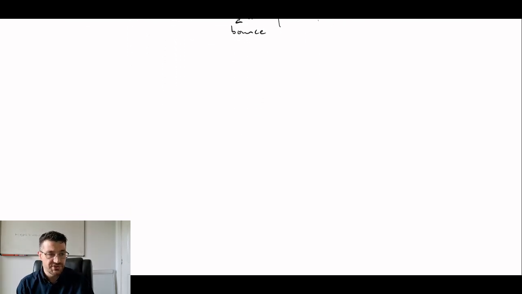So what I did then was to look at the vertical motion in particular, between the point of projection and the time of the first bounce. Now, importantly here, stay organized. Find your own way to stay organized. How you do that is entirely up to you.